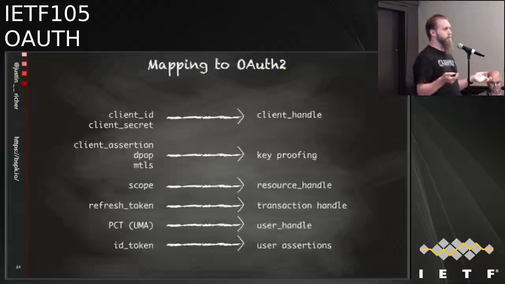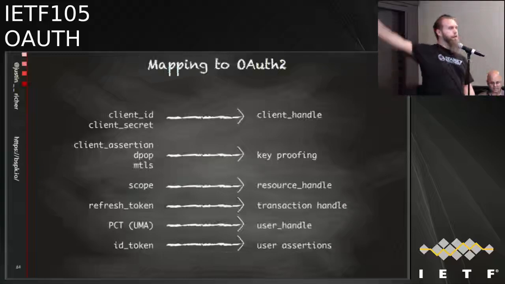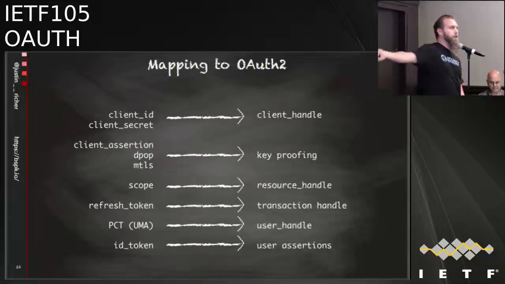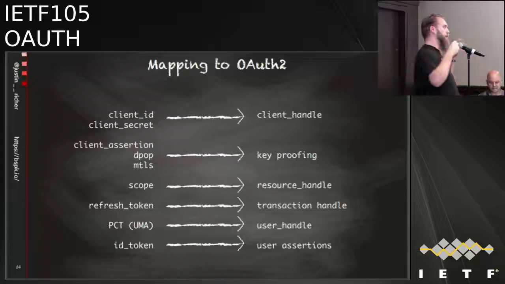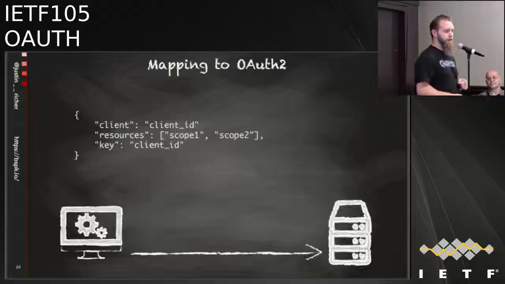A lot of the concepts of OAuth 2 are there. You see a lot of underscore handle going on here, because there's really a lot of abstraction that you can gain from this by stepping back from the syntactic details of OAuth 2 itself and trying to look at things a little bit differently.